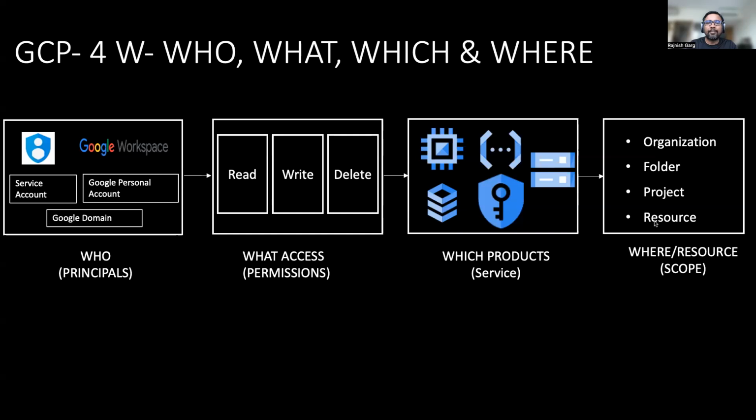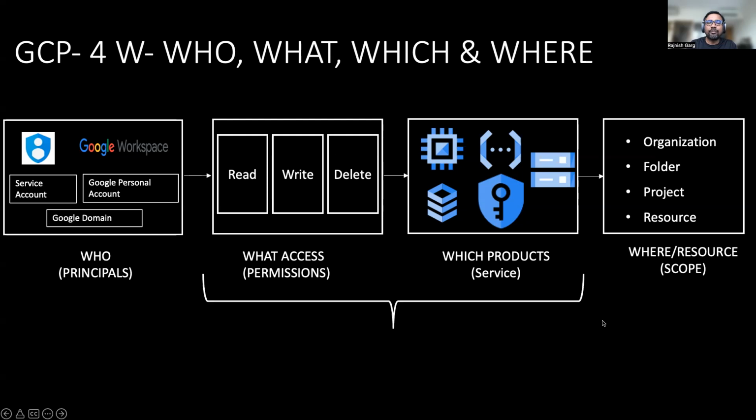In terms of RBAC, GCP has four Ws: who, what, which, and where. On the identity side, or who, GCP calls it principals. Your identity primarily exists in your Google identity or Google Workspace. The most common identity types are users or groups.